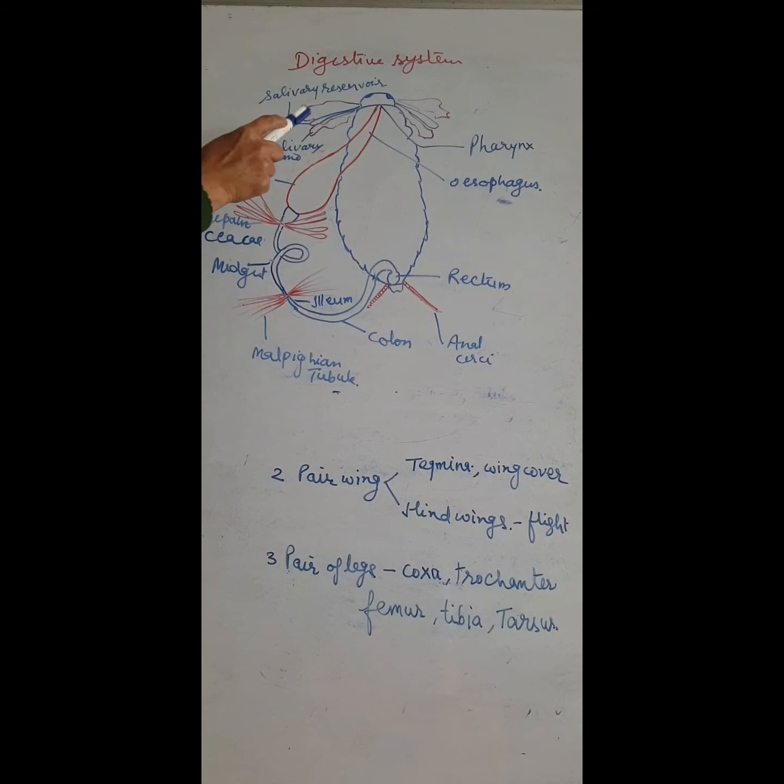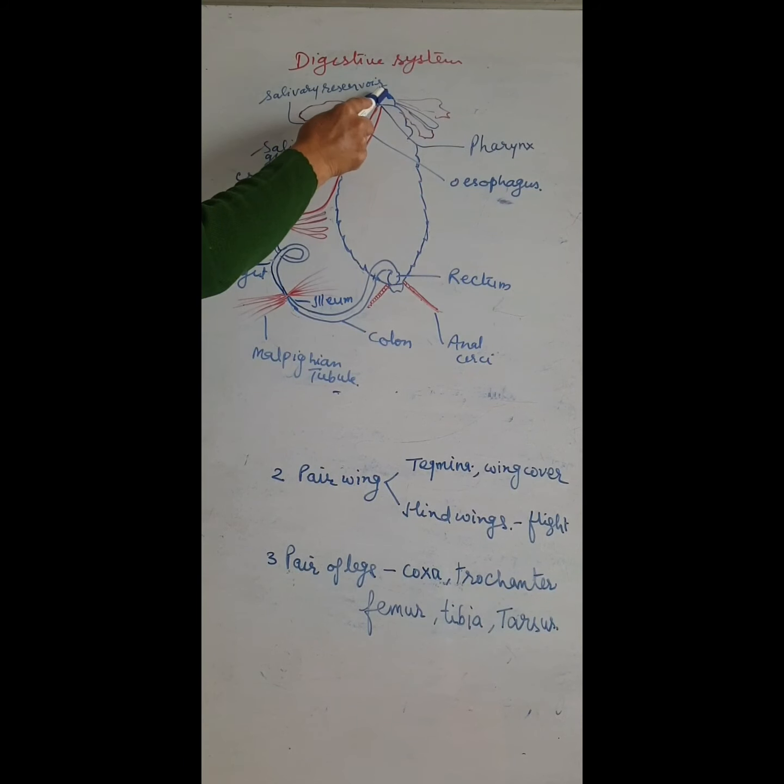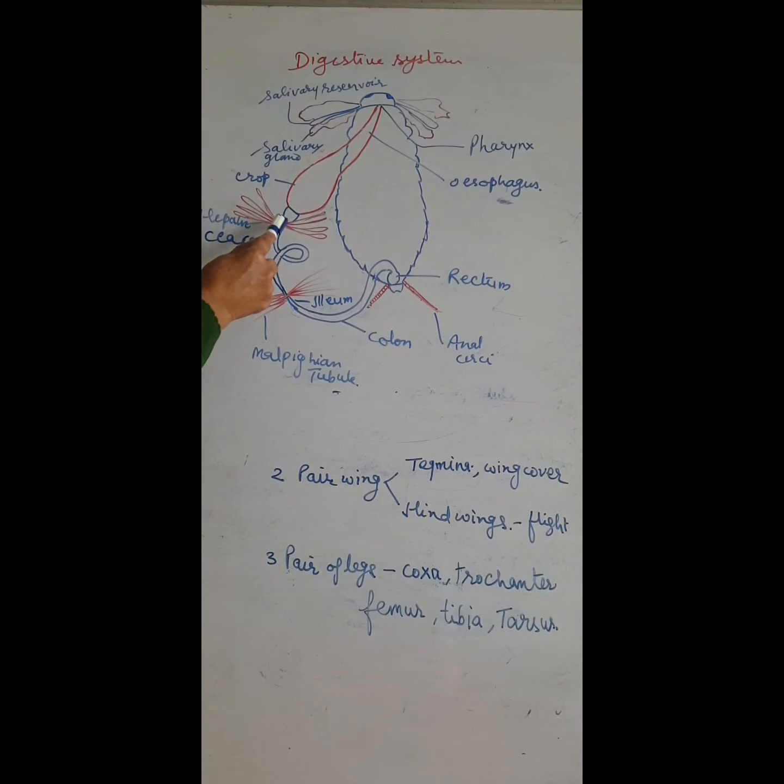The foregut consists of the mouth, pharynx, crop, gizzard, also called proventriculus, and here the hepatic ceca that help in digestion of food.